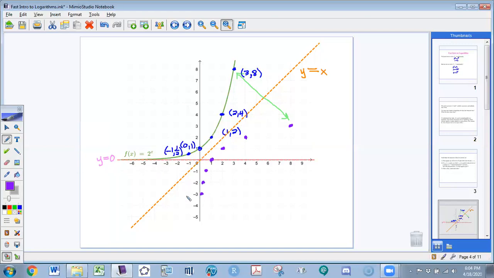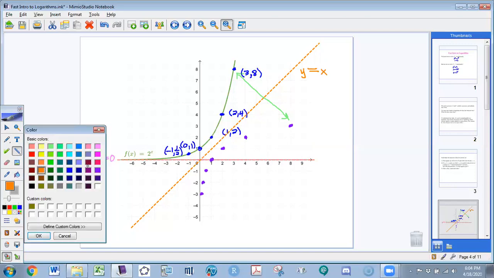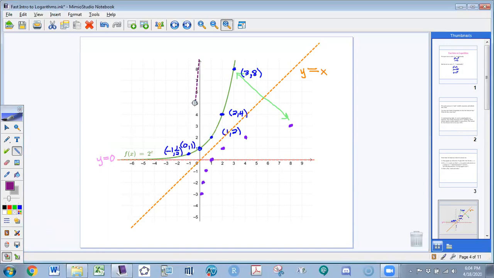And the other aspect of this that we now see is that whereas this graph, the original 2 to the x graph, had a horizontal asymptote of y equals 0, we are now getting a vertical asymptote of x equals 0.